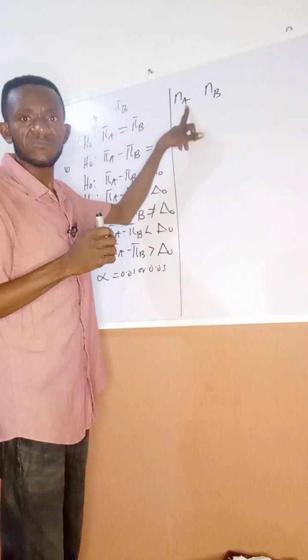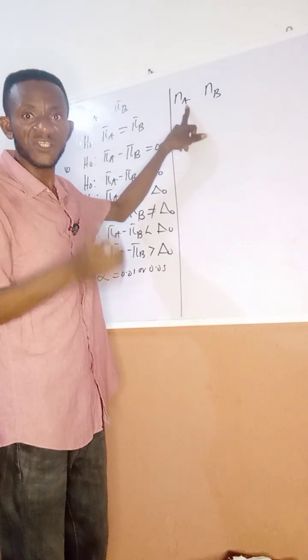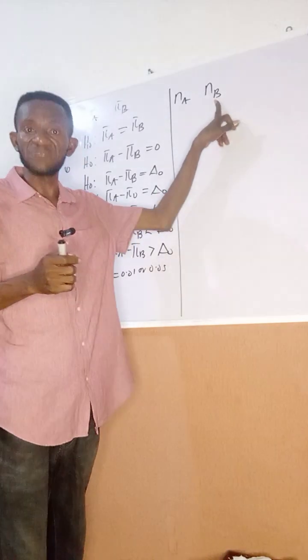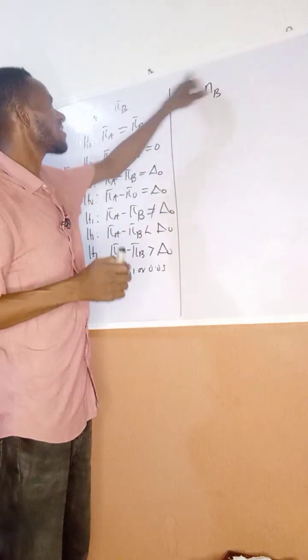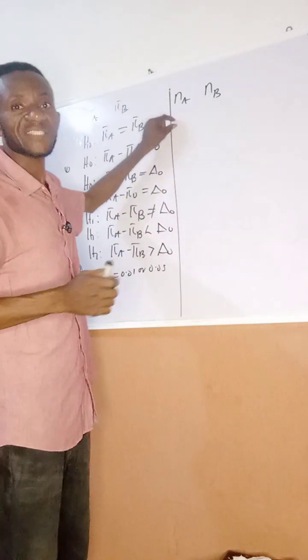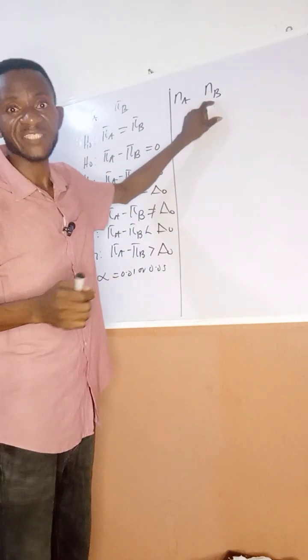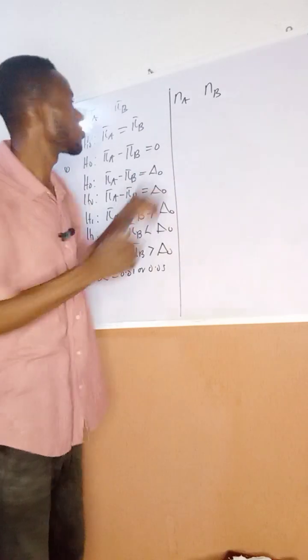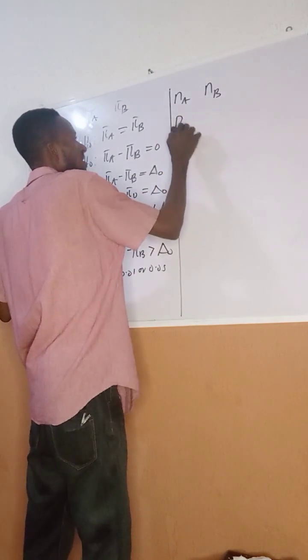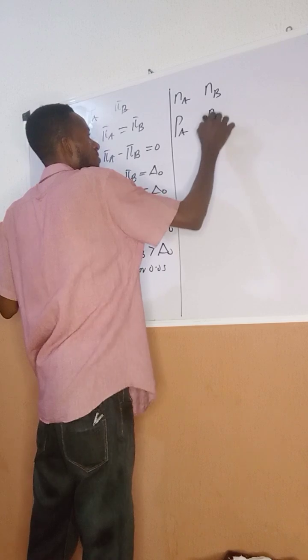Sample coming from manufacturer A or population A, sample coming from manufacturer B or population B. And from these samples, you are going to calculate the sample proportion from A and the sample proportion from B. So I can decide to call them P of A and P of B.